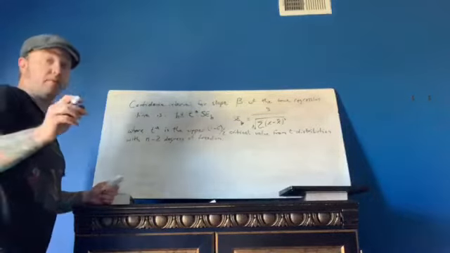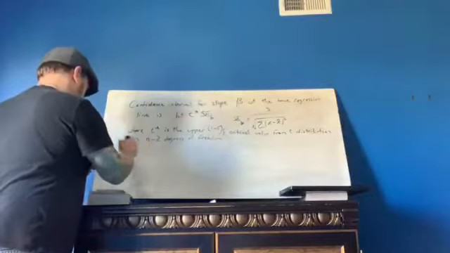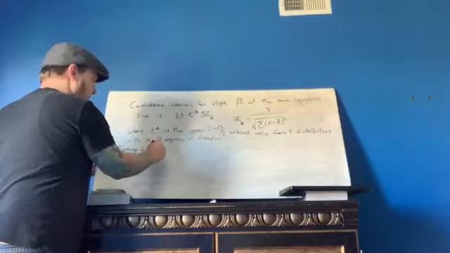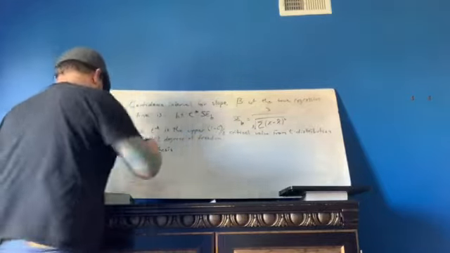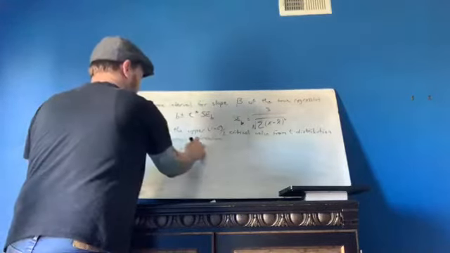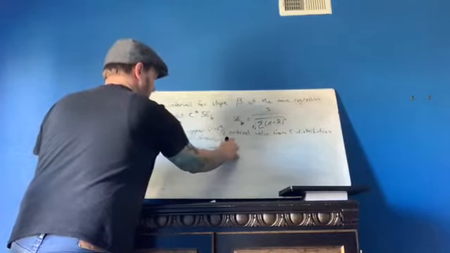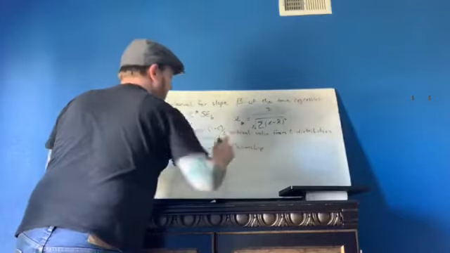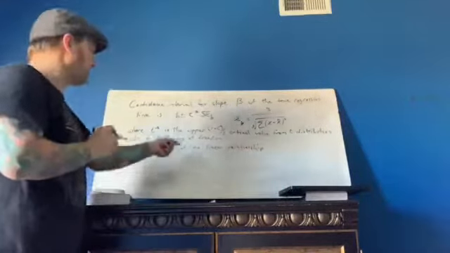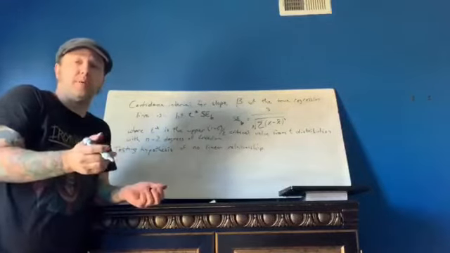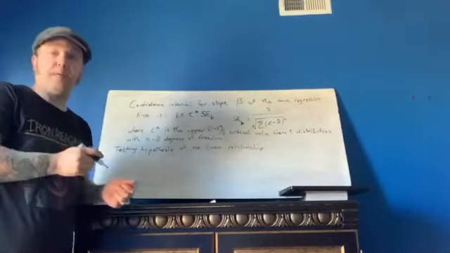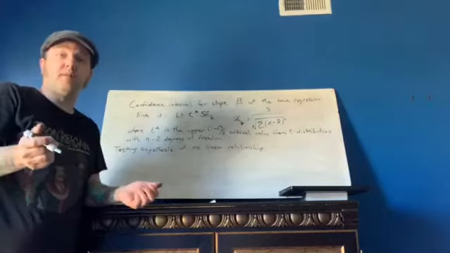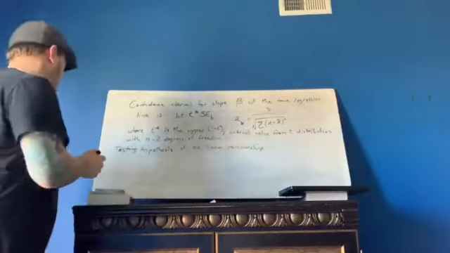Okay, now, if we're going to test the hypothesis, so let's think about this one. If we're testing the hypothesis of no linear relationship, well, what's beta if there's no linear relationship? The slope would be 0, right?